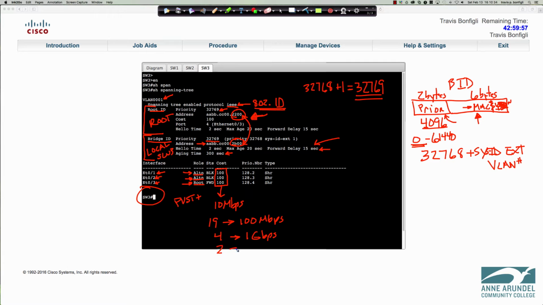And 2 would be for 10 gigabits per second. And again, this is all dealing with legacy 802.1d 1998 spanning tree.